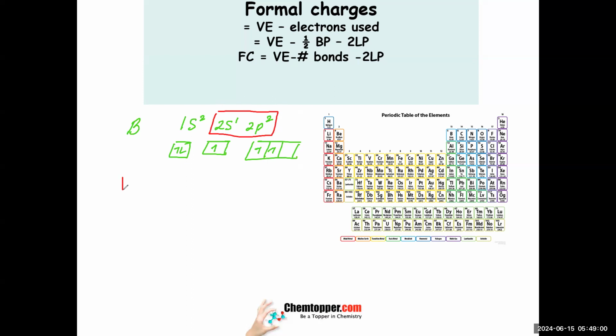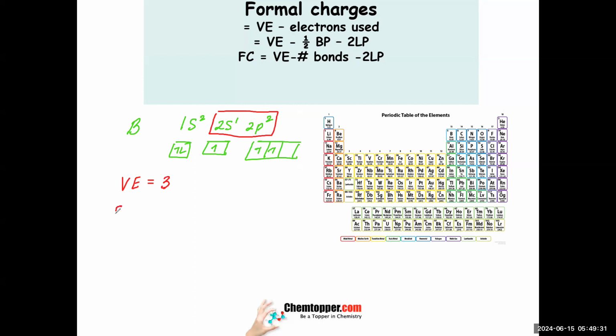So how many valence electrons does boron have? 3. With 3 valence electrons, how many electrons is boron going to use in its Lewis dot structure? It's going to use 3. If it uses more than 3 or less than 3, then it acquires a formal charge. But if it uses exactly 3, then the formal charge will be 0.